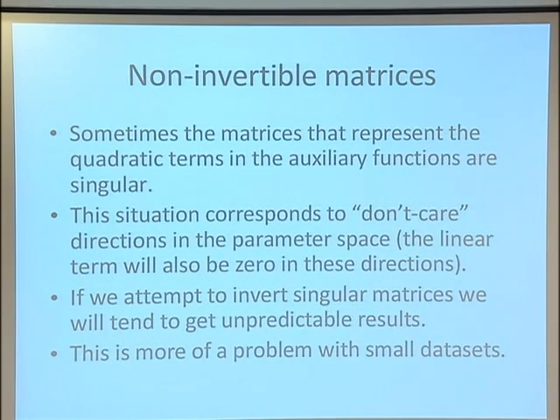So now this issue of non-invertible matrices. This is something that is kind of in search of a clean solution. Like I say, these matrices can sometimes have zero eigenvalues, and that corresponds to the case where there are certain directions that you can move the parameters that would not affect the auxiliary function.